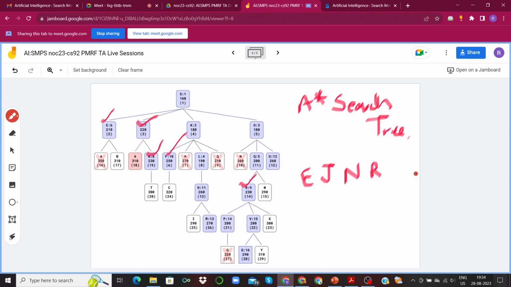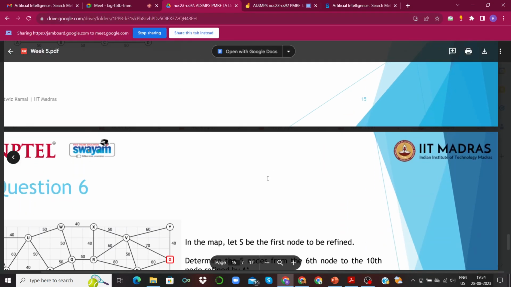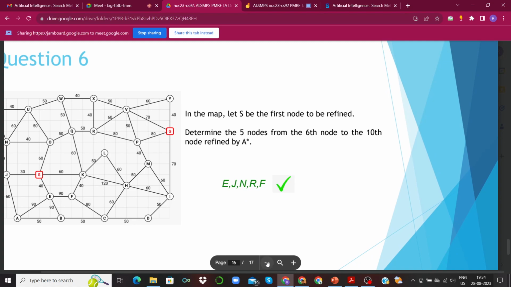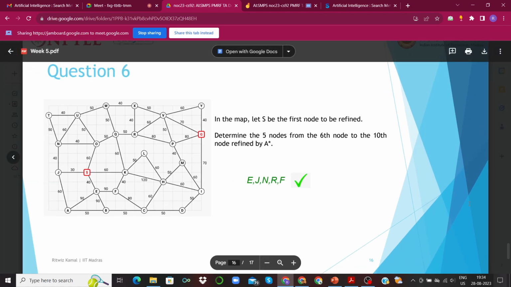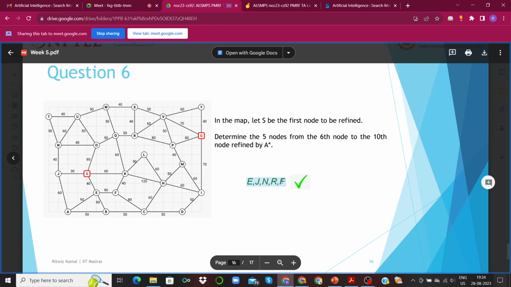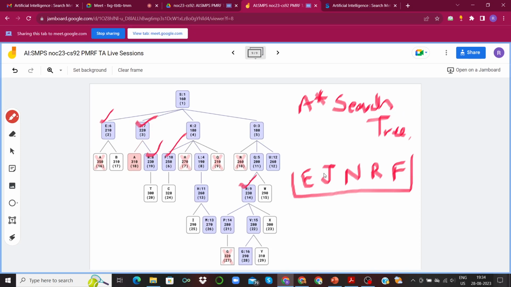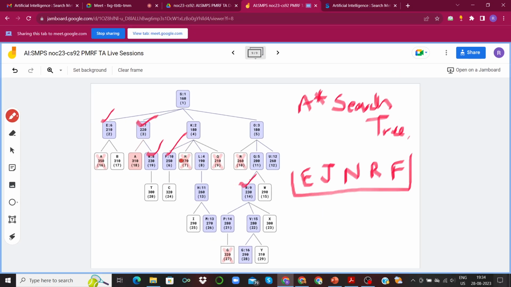F. So E, J, N, R, F are the nodes from 6th to 10th that we have refined. That is also the solution given here. This one. Okay. So I'll erase this once more and I'll let you go through this search tree so that you can convince yourselves.